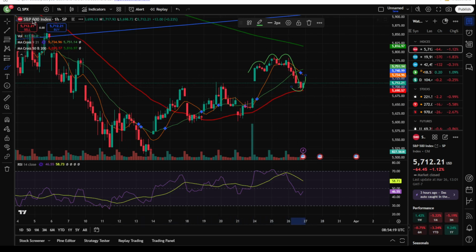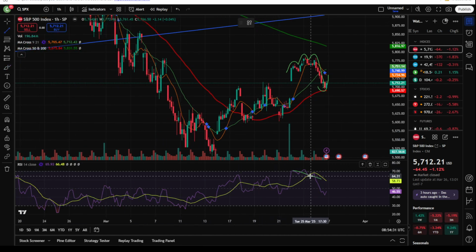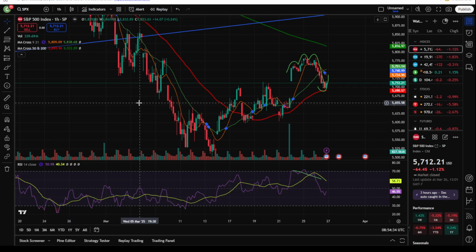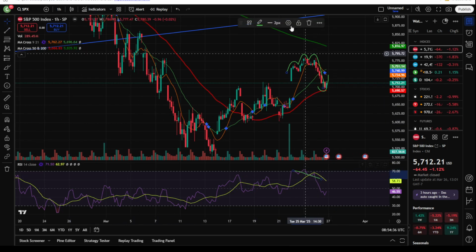It's getting kind of confusing, but I don't really actually see a bearish divergence on the TradingView chart.